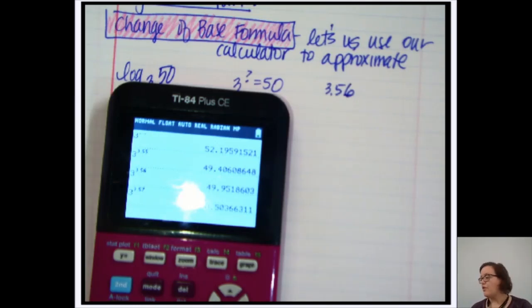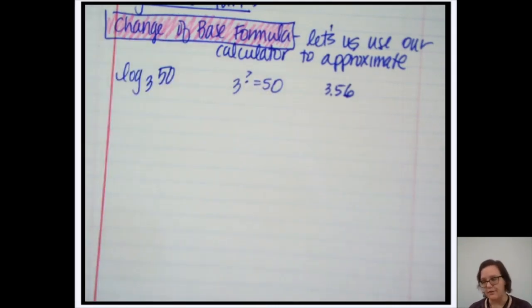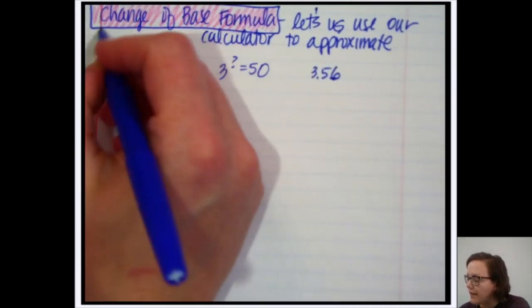Although that's kind of fun, playing that game of trying to narrow it down, that's not what we want to have to do all the time. So thank goodness we have what's called the change of base formula, and it goes like this.